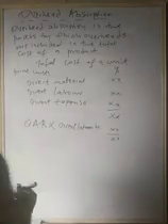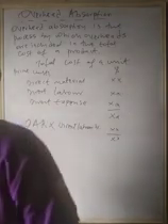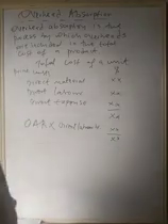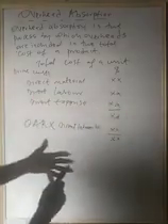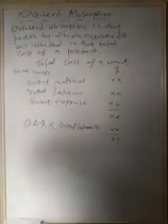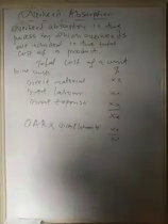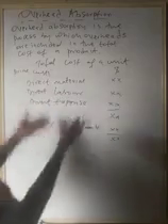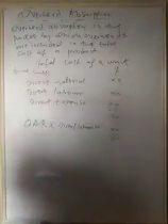The overhead is inclusive of the variable and the fixed element. So you can't get the total cost until you have all the overhead. Prime cost is just the direct; overhead is the indirect costs. So that's that illustration.